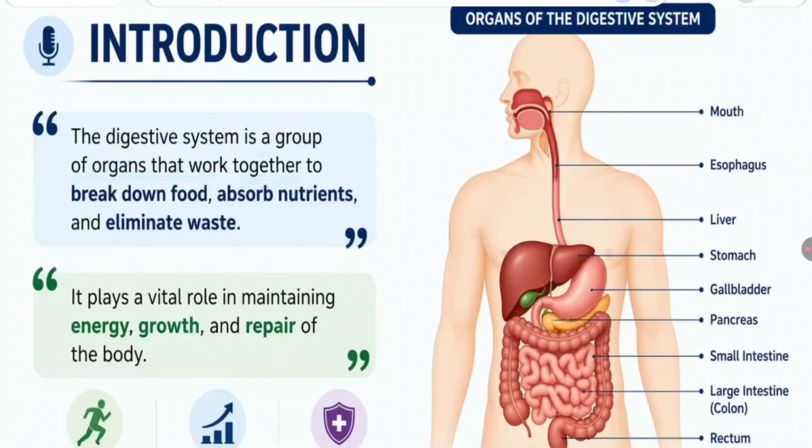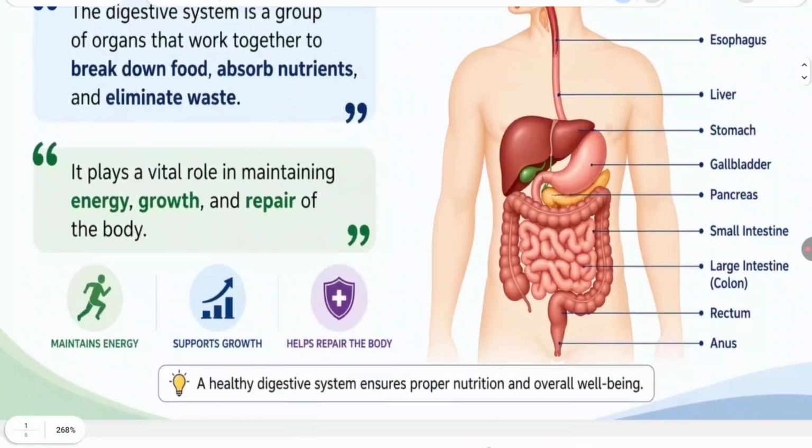It is a group of organs that work together to break down the food, absorb the nutrients and eliminate the waste. From eating the food, breaking down the nutrition and excreting or eliminating the waste, that whole process comes under the digestive system.